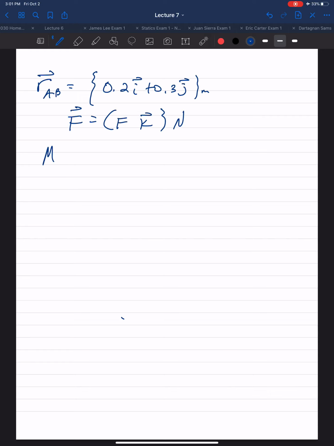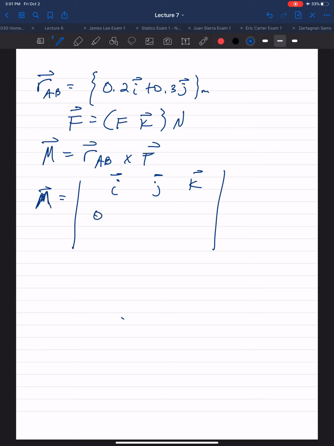Therefore, my couple moment is R_AB cross F. Using our determinant method, AB being 0.2 i, 0.3 j, 0 k, F being 0, 0, and F for our k, right?